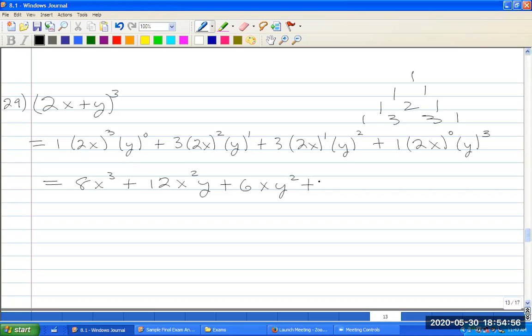And 2 to the 0 is 1. And so this is your formula. So this is how you expand that particular binomial.